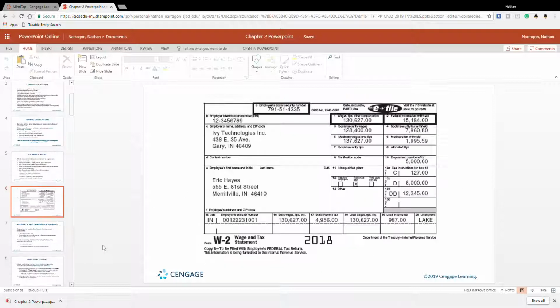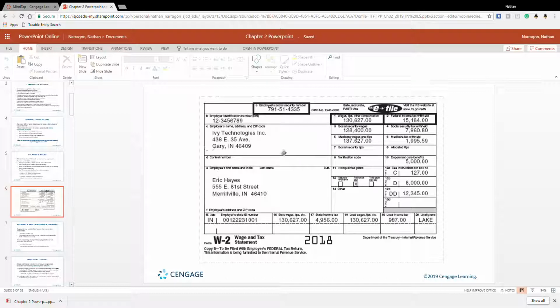So for example, here's our W-2. Again, you have to put the identification. So you got to put the Social Security number. You have to put the EIN number of the company, which is again their employer identification number, so that the IRS can trace back to the right company.